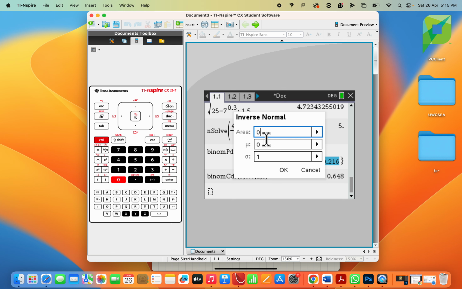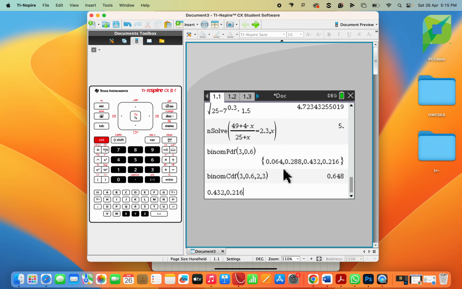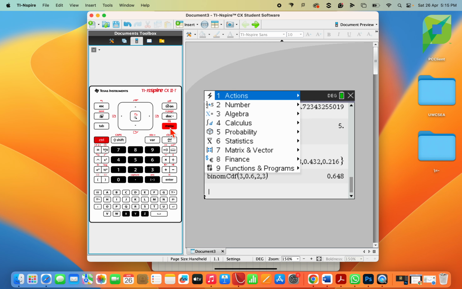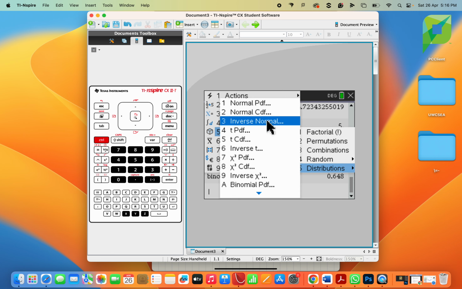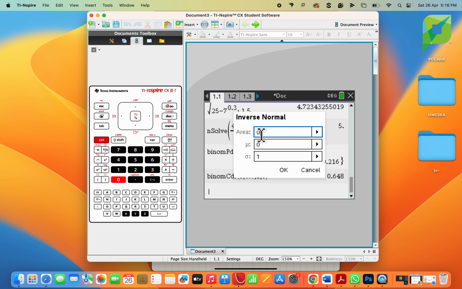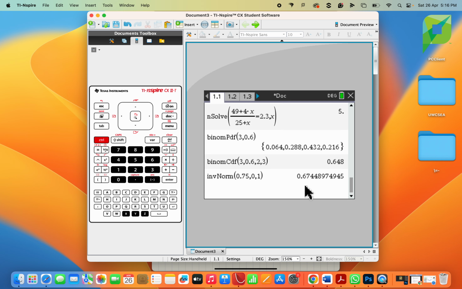The area is 0.75, so we always have it from the left up to where we want, and the standardized normal means 0, standard deviation of 1, click. Oh, let's go back again. Looks like I had a little bit of an error there. Menu, probability, distribution, inverse normal. Okay, so the area is 0.75, and go ahead. So 0.674.